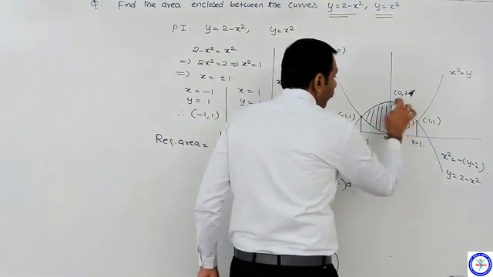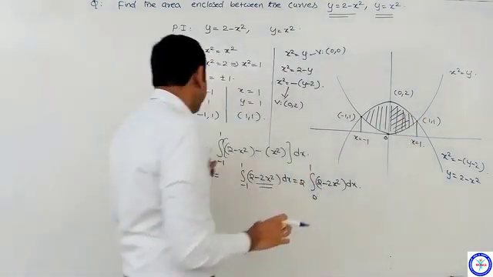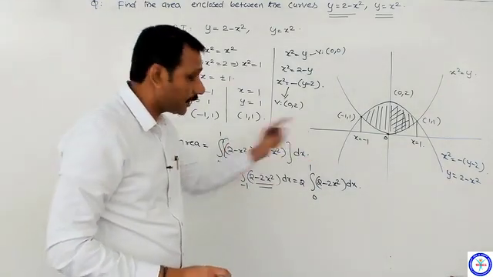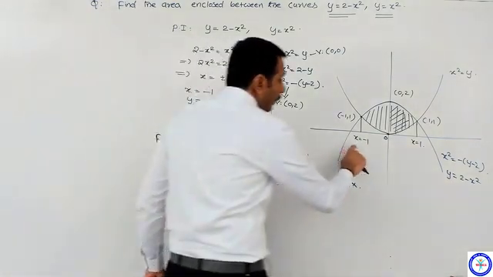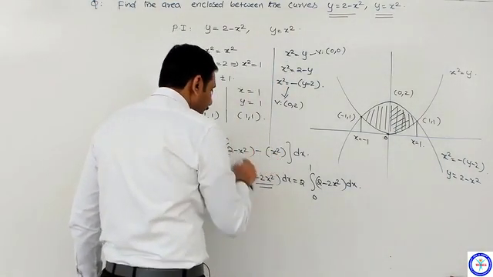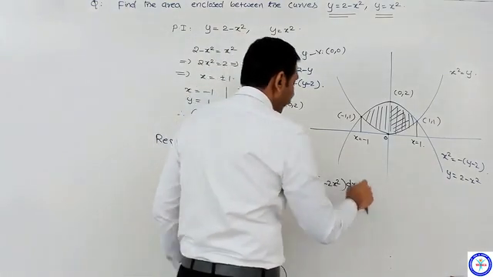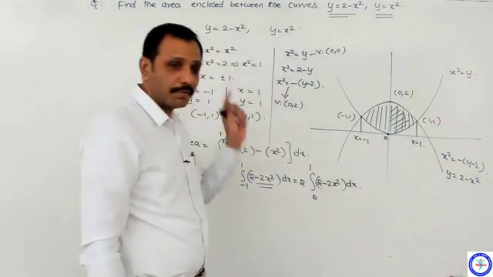Integral 0 to 1 upper curve minus lower curve multiplied by 2 will give the complete area. Either I can use that concept, or I have taken from minus 1 to 1 first curve minus second curve. Since it is an even function, I have taken 2 times integral 0 to 1 of 2 minus 2x square into dx. Anything same.